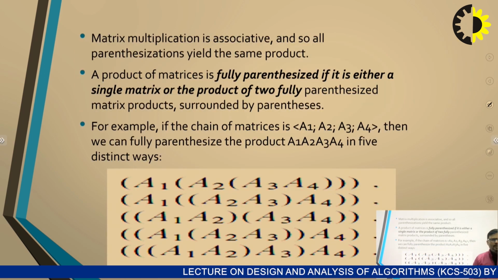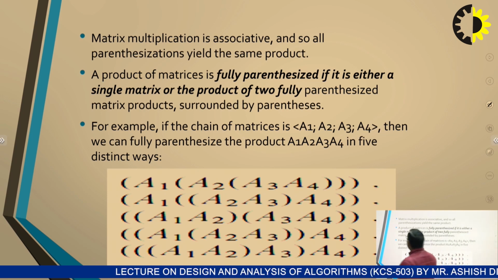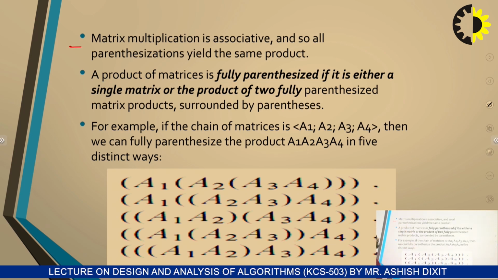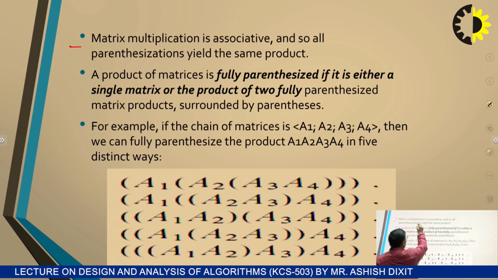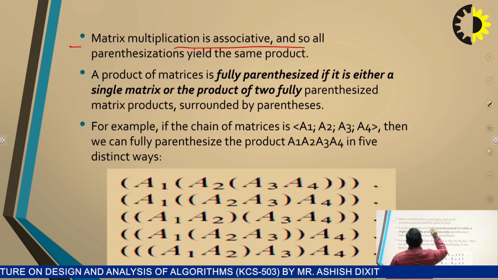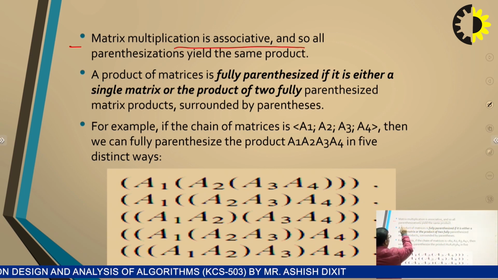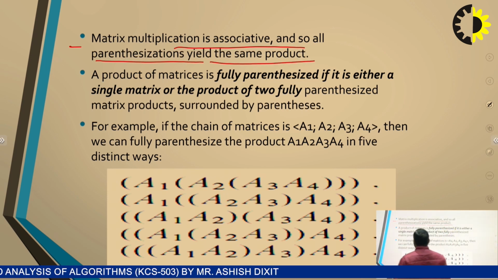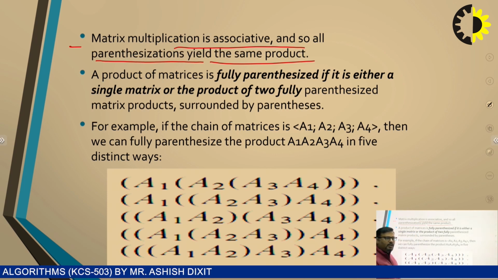Matrix multiplication is associative, and we also find the parenthesization of the same product. It means we will find the solution of the matrix problem and also find the parenthesized matrix. Okay.